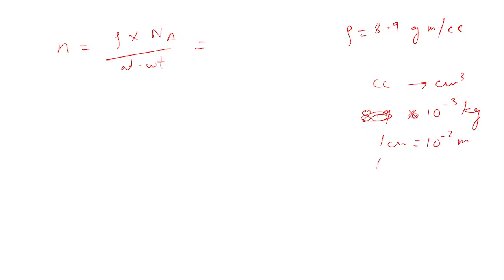So 1 centimeter cube means 10 to the power minus 2 whole cube meter cube, that means 10 to the power minus 6 meter cube.